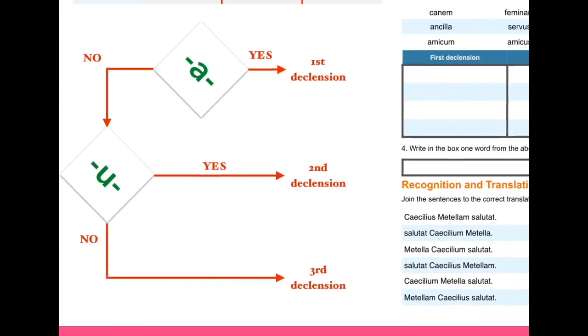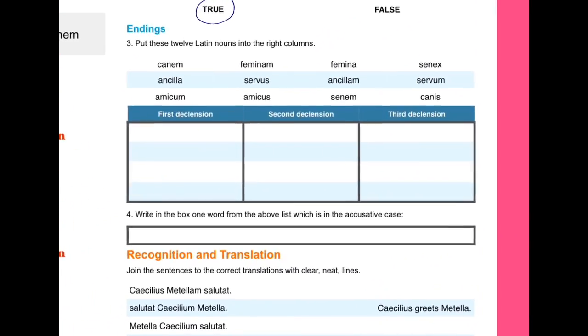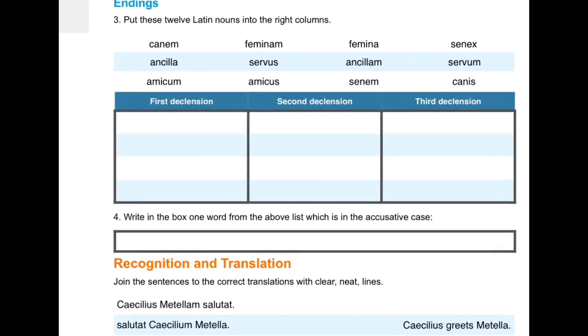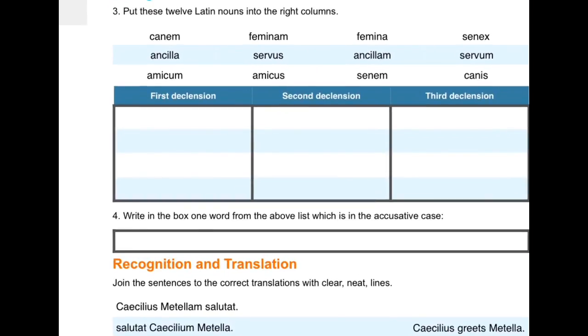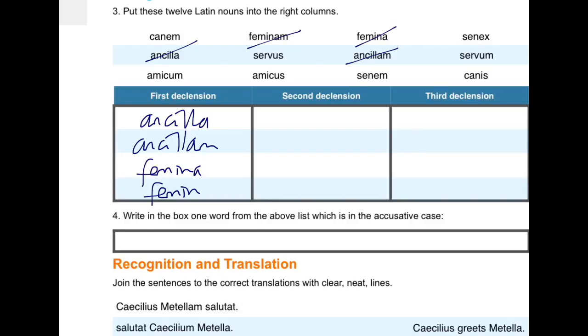So let's go back and apply what we've just learnt to this. So remember that the A ones are first declension, so let's get those easy ones done and cross them off as we go. So the ones with A, and Ancilla and Ancillam, Femina, that's got an A as well, and Feminam, that's got another A. They all go in there. Then the U was second declension, wasn't it? So there's one, Servus.